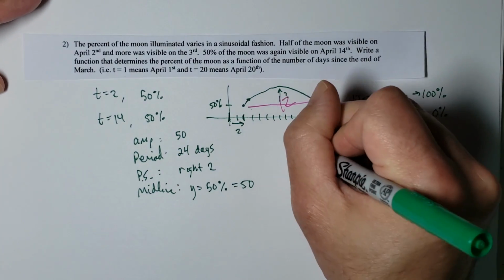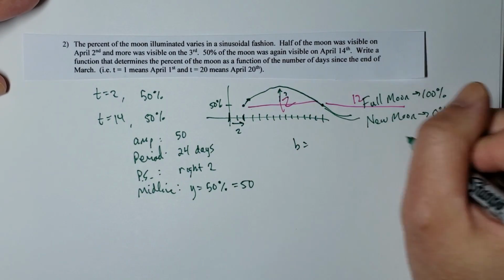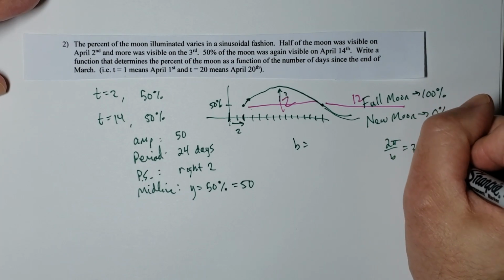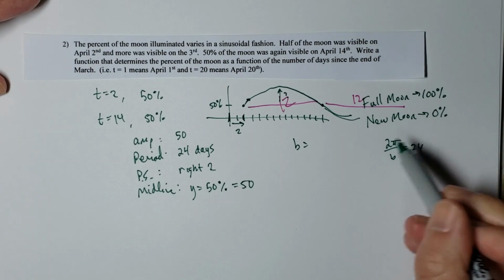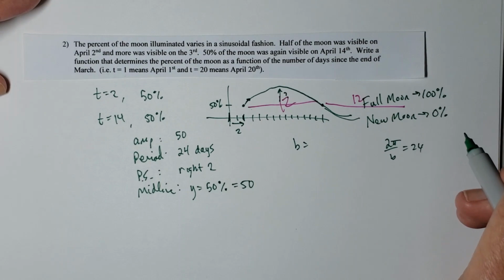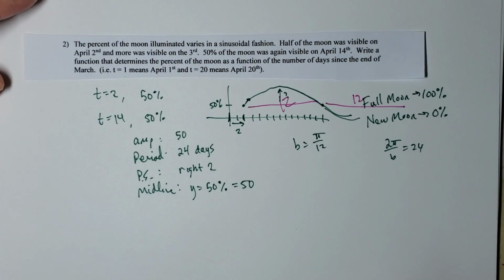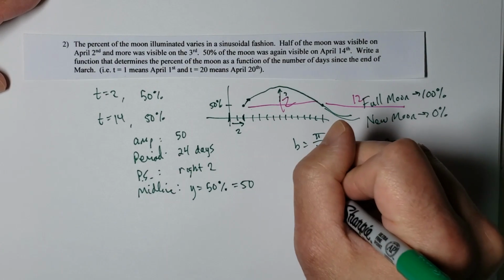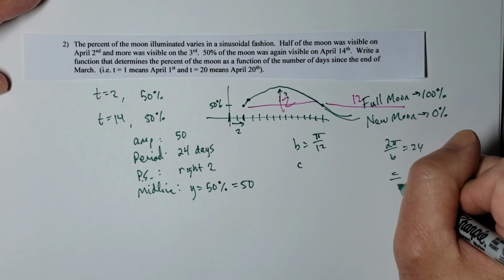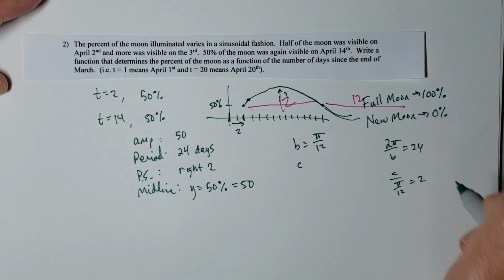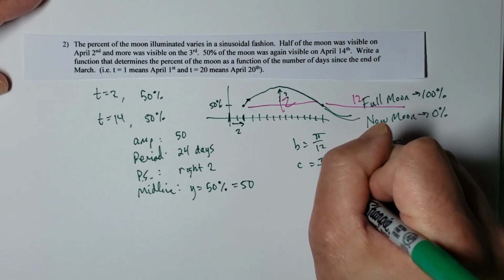So now I can find my b, which is going to be, so 2 pi over b equals 24. So multiply by b, divide by 24, I get pi over 12. And then c over pi over 12 equals 2 is going to give me pi over 6.